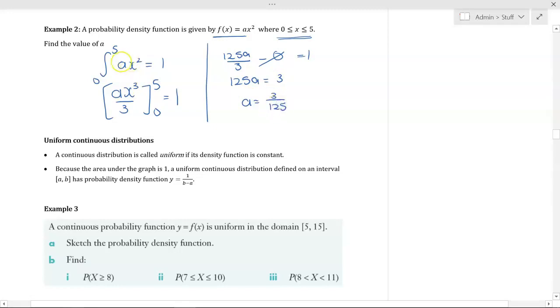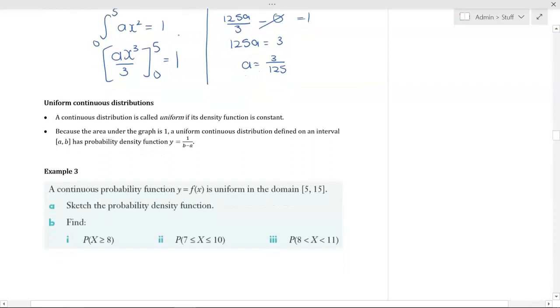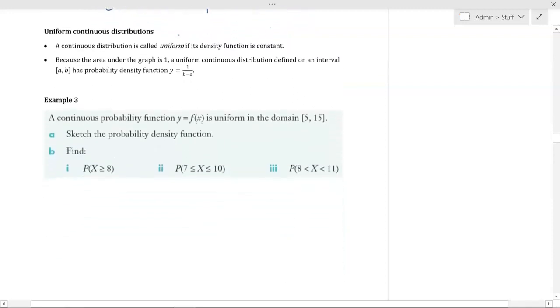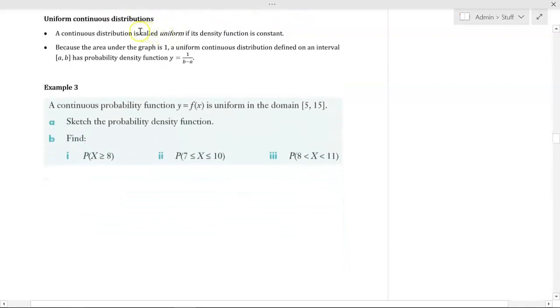So you'll often have a letter here, or maybe even a here or here that you'll need to find the value of, but that will be the technique. The integral over the set domain will always equal 1 if it's a probability density function, and then just go from there.